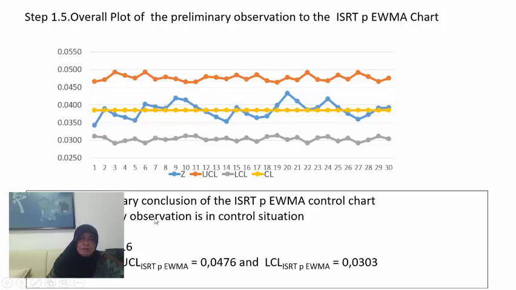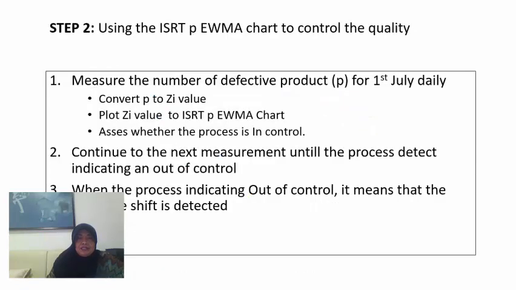It means that all preliminary observations are in a control situation with mean 0.0387 and variance 0.0016, with initial Z 0.0385, upper control limit at 0.04 and lower control limit at 0.03. The next step is using the proposed chart to control the actual production quality for the next month.